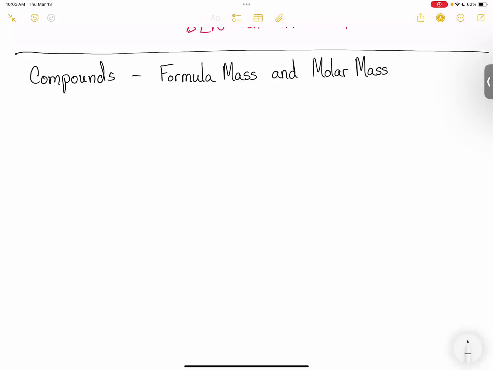An isotope, or a pair of isotopes, is going to be an element that has the same number of protons, but differs in the number of neutrons.